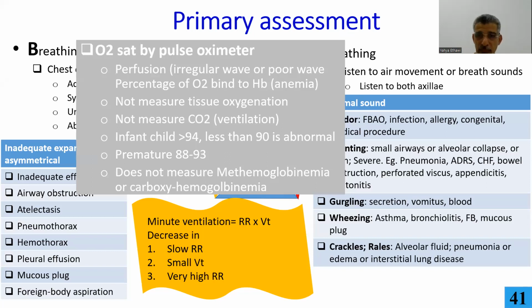Oxygen causes death. In an adult, you cannot give oxygen directly. Oxygen has three rights: it should be heated, humidified, and blended. You cannot give oxygen directly from the oxygen bottle. That is wrong.